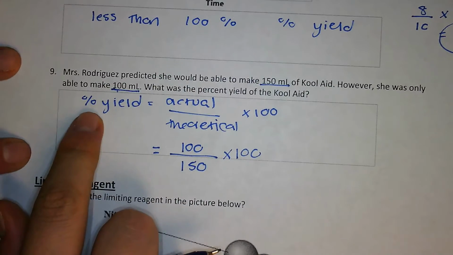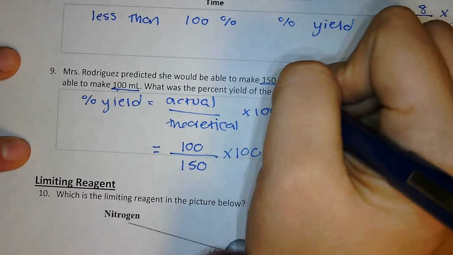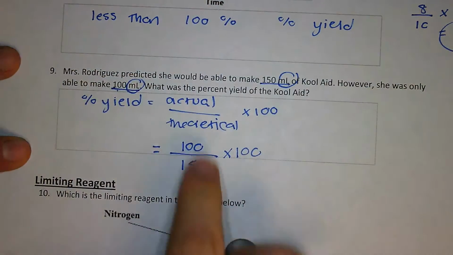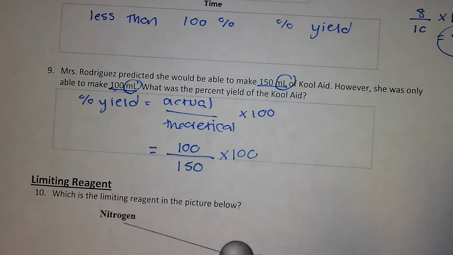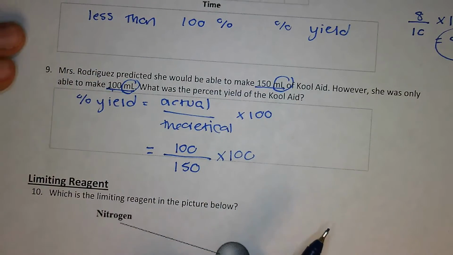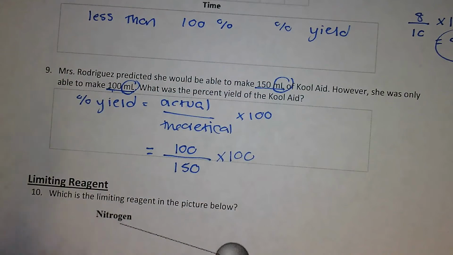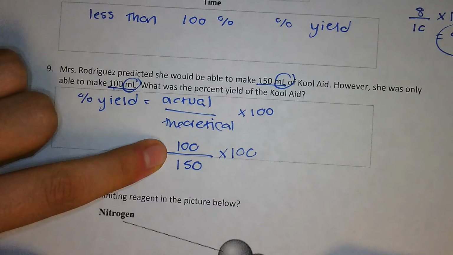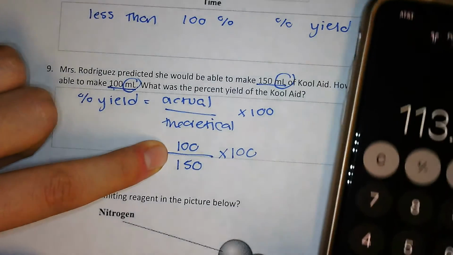Anytime you are doing percent yield problems, make sure that your units match. So both of these are milliliters, so I can straight up divide them. If in a case they didn't match, you would have to make them match. You don't have to worry about that for the test, but be aware of it. Okay, so I have my stuff set up. Now I just have to do the math.